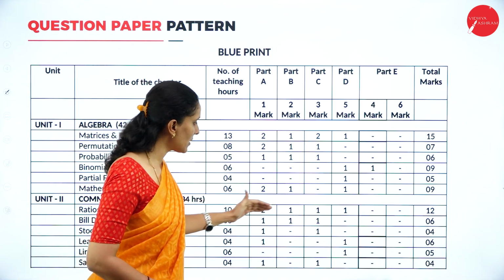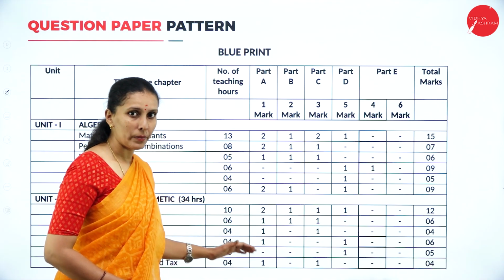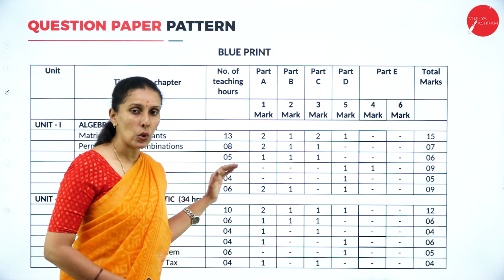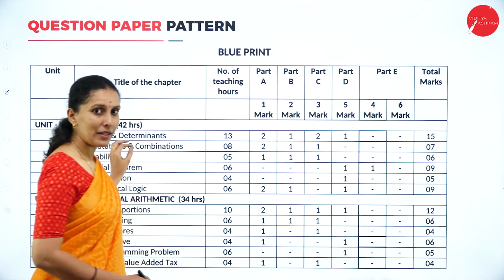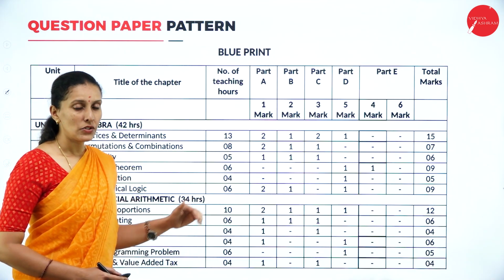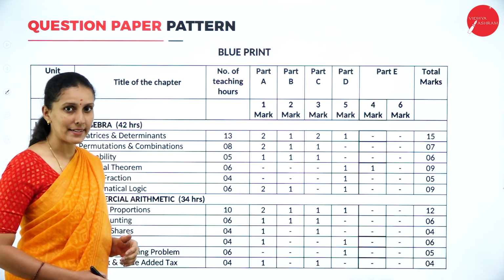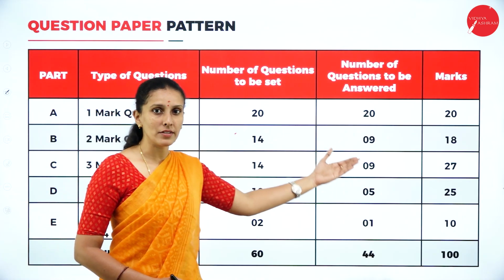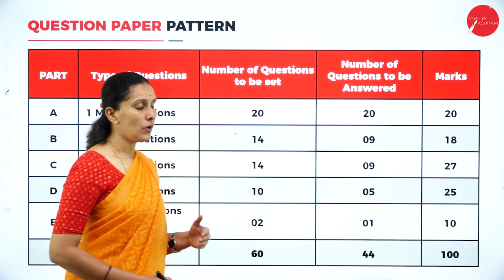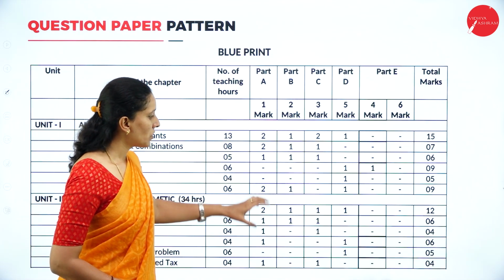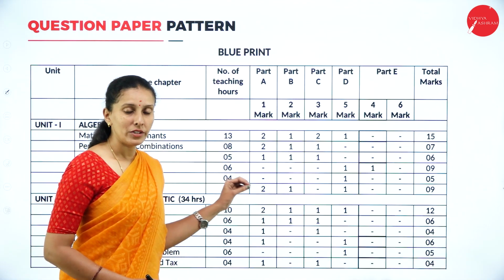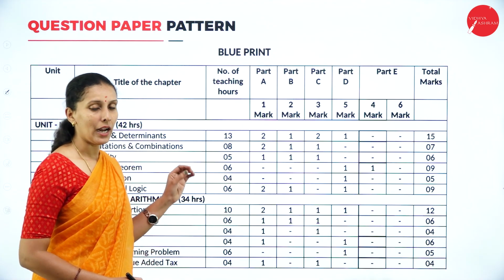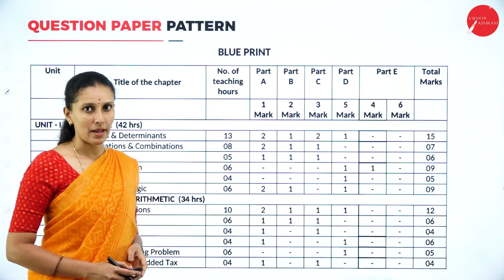Based on the divisions given according to the blueprint, you can go on studying those types of questions from each individual chapter. Here also you have options, as I said. You have 14 questions under part B and part C where you are supposed to answer only 9 questions. So choose whichever questions you feel easy to study and attend those questions in your examination.